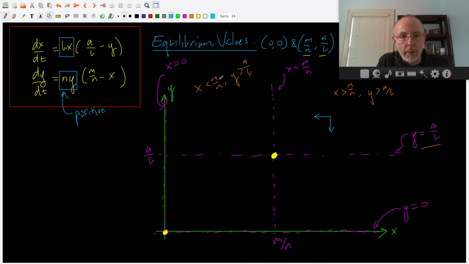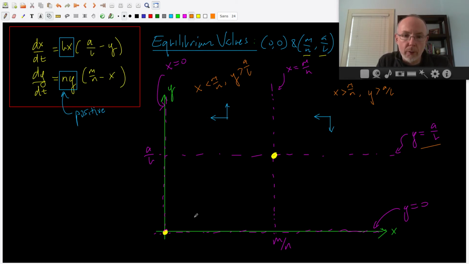What's going to happen is that when x is less than m over n, we're taking m over n and we're subtracting a number less than m over n, so that is a positive number, and so y is a positive times a positive, which means y is increasing. For the x value, my x is still bigger than a over b, so the x value is still decreasing. So we have that kind of behavior.